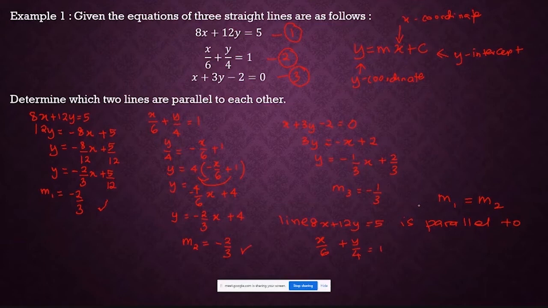Okay, this is the relation for two parallel straight lines. Determine which two lines are parallel. So we answer the question. Line 8x plus 12y equal to 5 is parallel to the second line x over 6 plus y over 4 equal to 1.